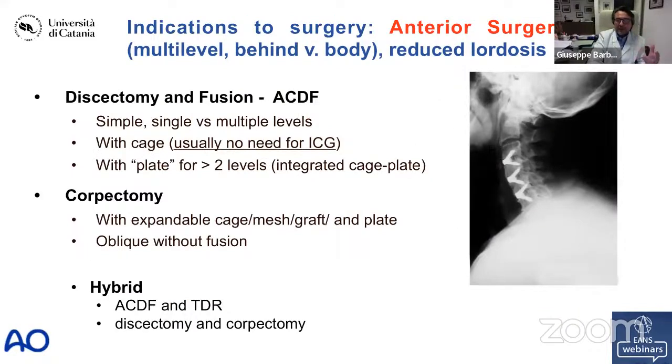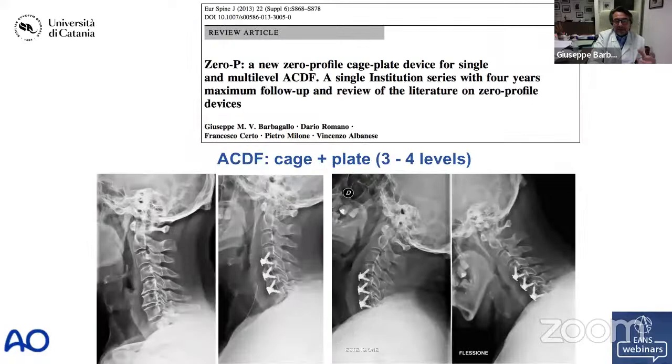What about indication to surgery? For instance, for the anterior approach, we know that there are different options. We may deal with ACDF, even at multiple levels. We can deal with corpectomies or hybrid techniques. And when we mention hybrid techniques, we should remember that there are different combinations of different techniques. Now, anterior approaches and multi-level ACDFs: we have been using these techniques for a long time.